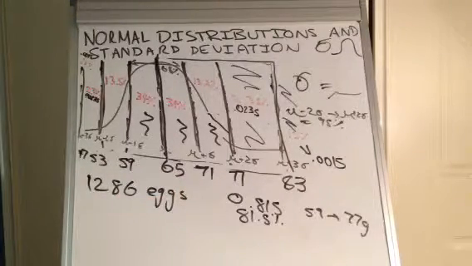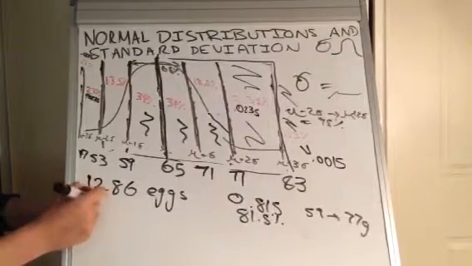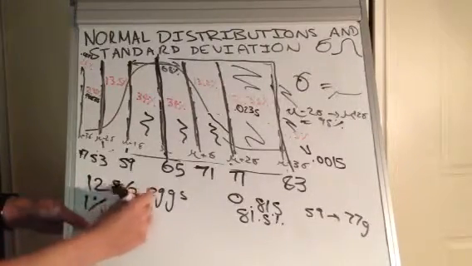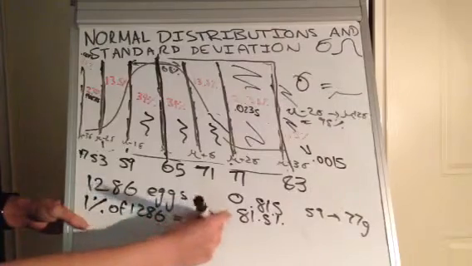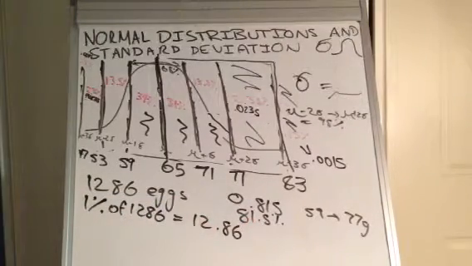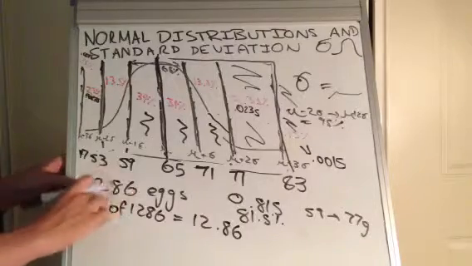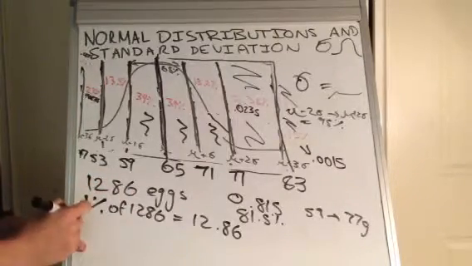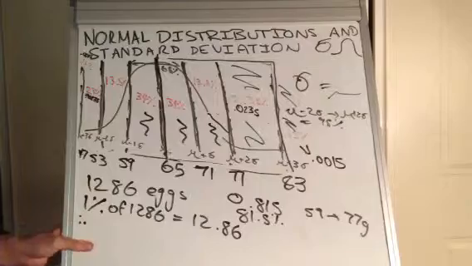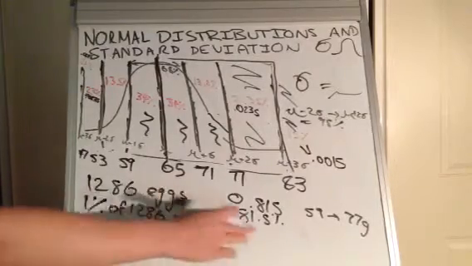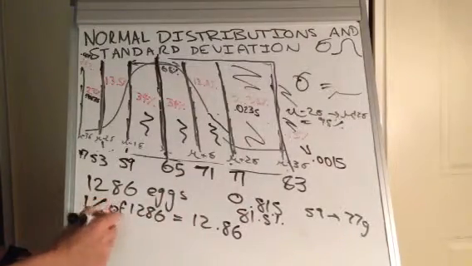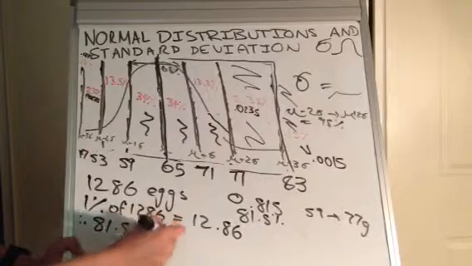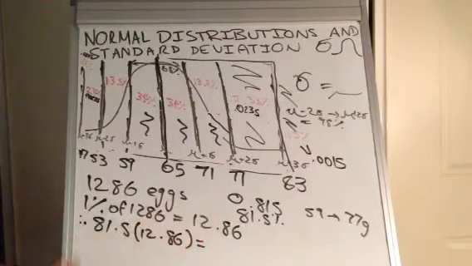So I like working with percentages where I can, so 1% of that would be 12.86 eggs. Again, it's just 1/100th, so I divide that by 100. And then from that we can tell, okay, if we have 81.5%, it's 81.5 lots of 12.86.